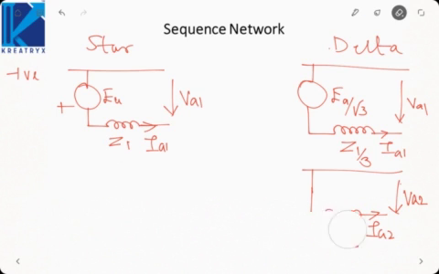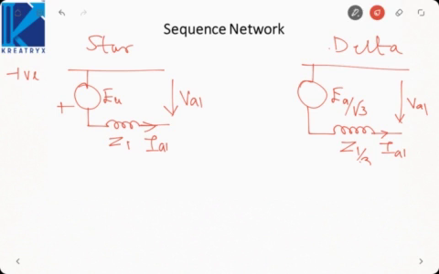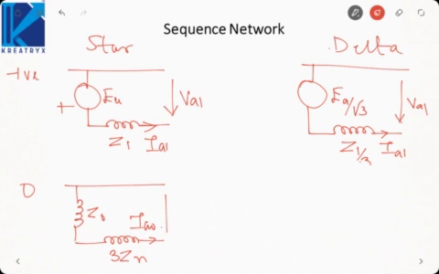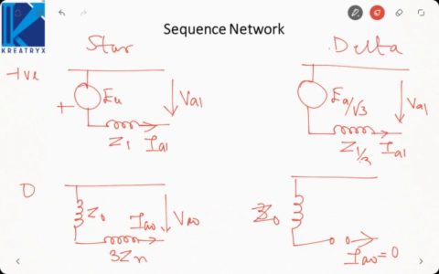And in case of zero sequence, we will have Z0, 3Zn, IA0, VA0. Here we will have Z0, but it will be open circuit, no neutral impedance. So IA0 will be 0. So these are the sequence networks for the case of alternators, both star and delta connected.